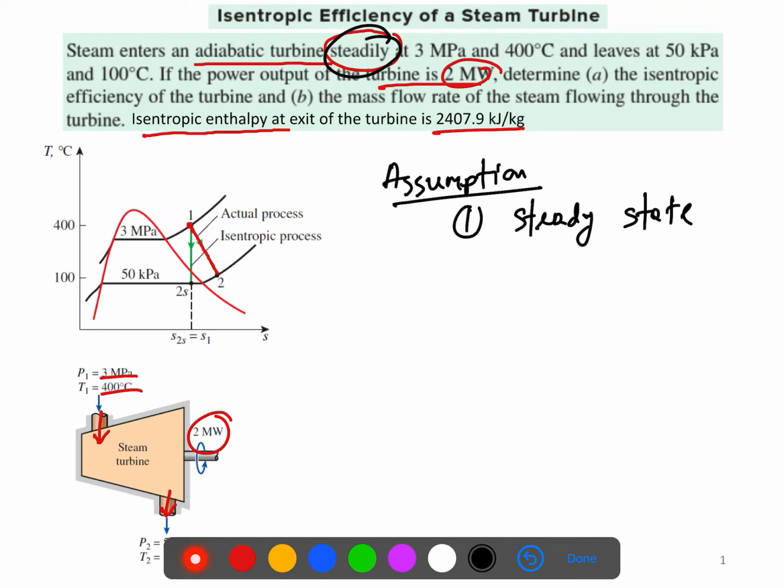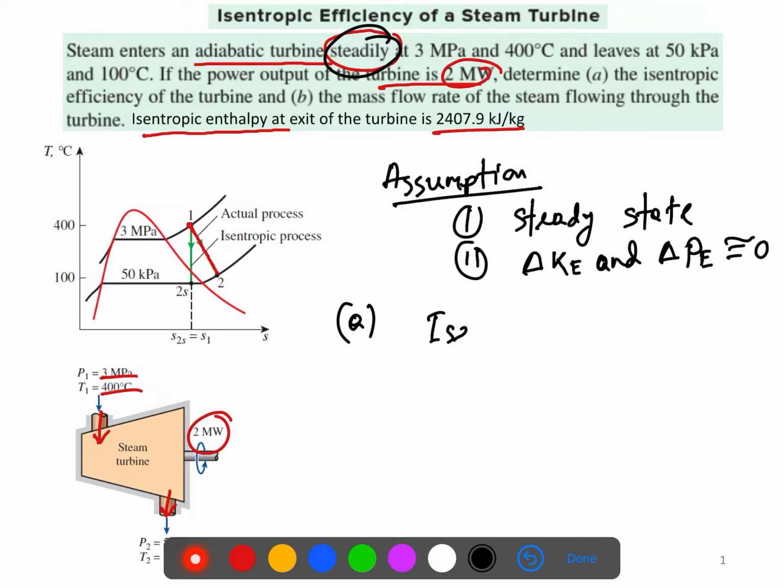And the other thing is the change of the kinetic energy, delta KE, and the potential energy, delta PE. The change is negligible, so we can say it is very close to 0.